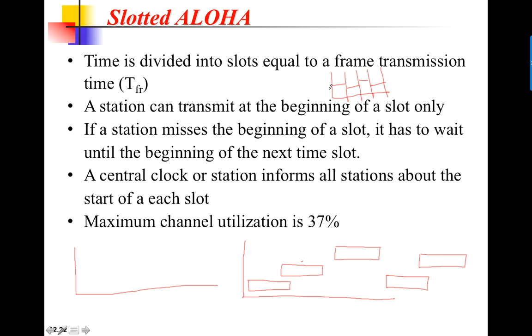So this is called synchronization. So in slotted aloha, you need a central clock or a station that synchronizes all the stations so they all start at the same time, at the start of a slot. Now the maximum channel utilization is 37% in slotted aloha.